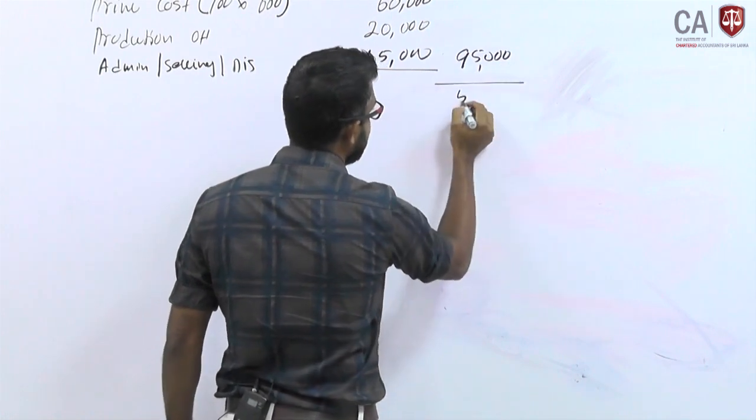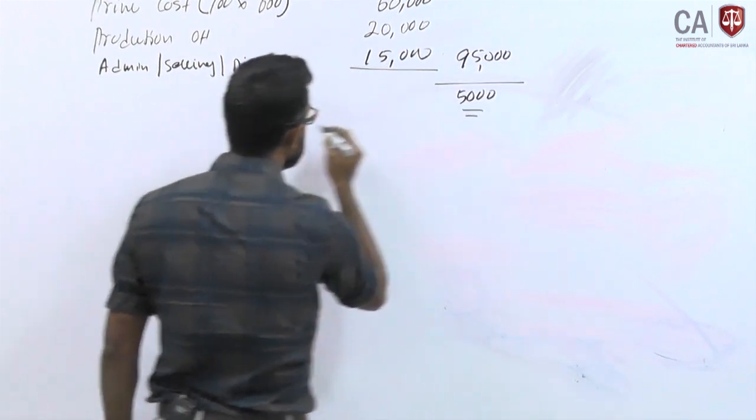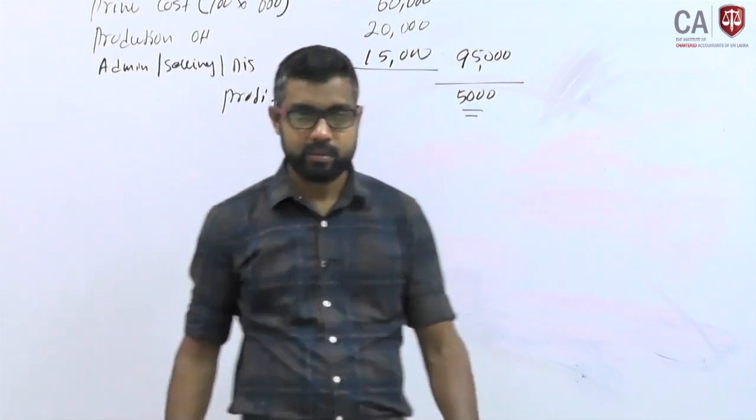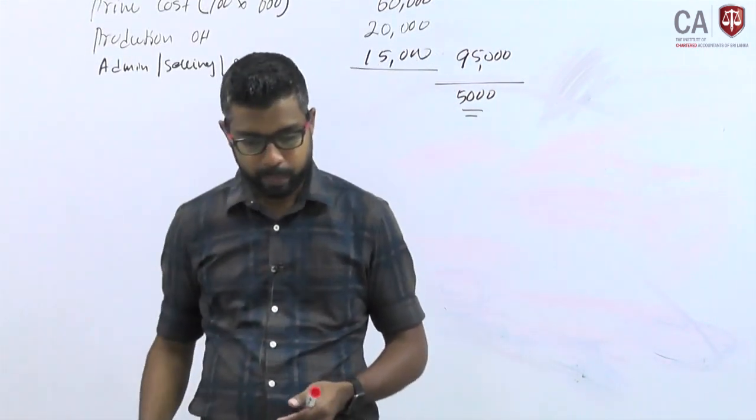The profit, how much? 5,000. This is the profit for the period, which means per week, right?